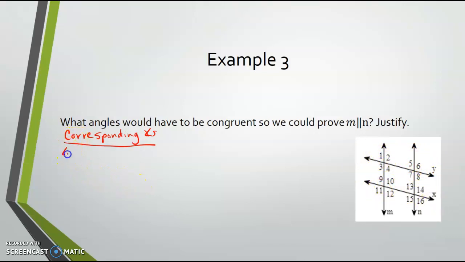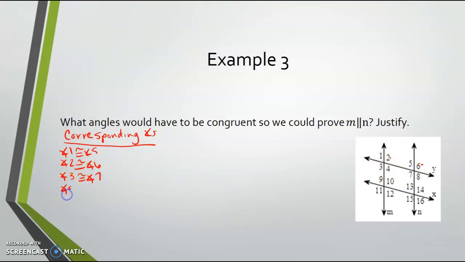So angle 1 corresponds with angle 5. If angle 1 is congruent to angle 5, if angle 2 is congruent to angle 6, I could look at angle 3, and it would have to be congruent with angle 7.